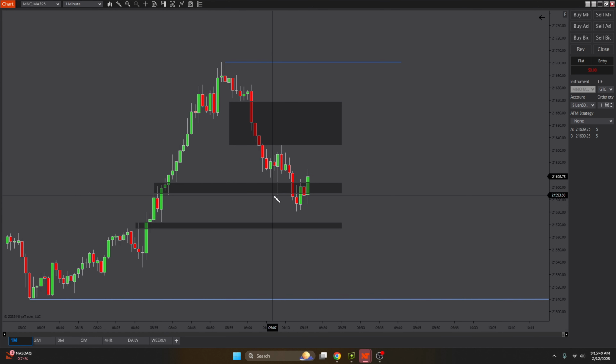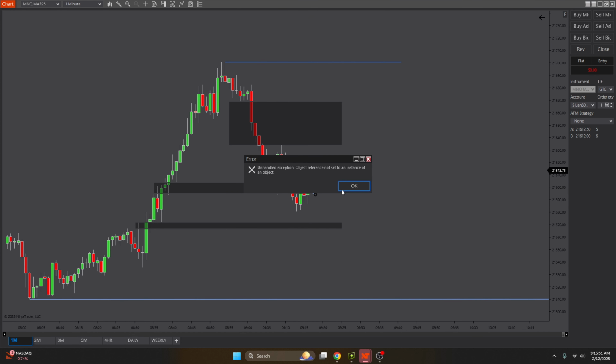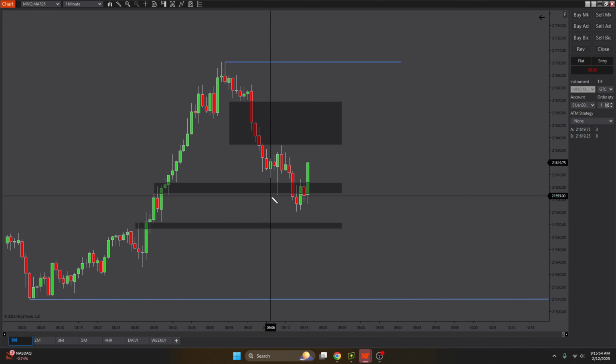So I'm looking at... Come on. I don't know why it's doing that. This could have been a liquidity sweep on the 5-minute discounted range.